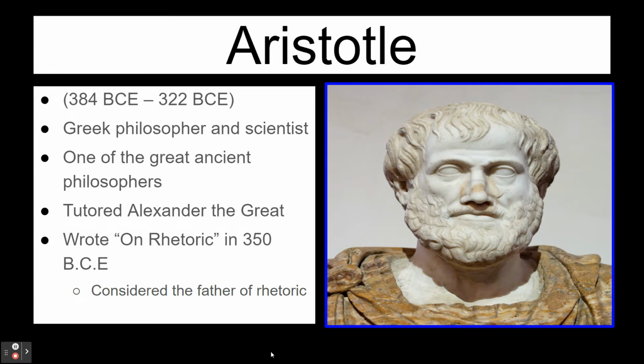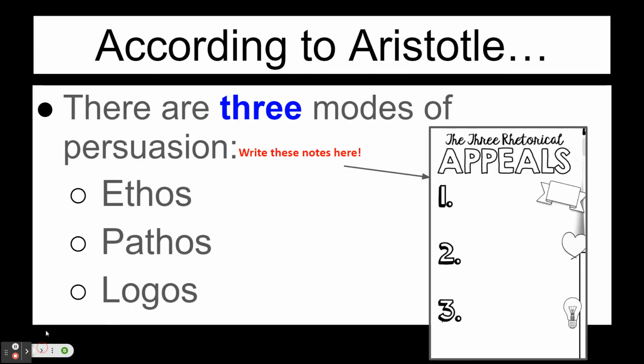He tutored Alexander the Great, and he wrote a text on rhetoric in 350 BCE. So, according to Aristotle, there are 3 modes of persuasion. So, you're going to write it on your notes: ethos, pathos, logos. That is what Aristotle came up with.